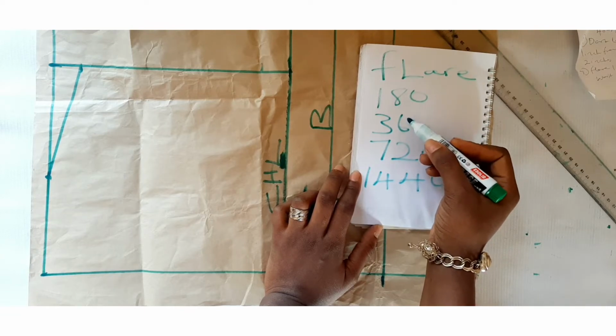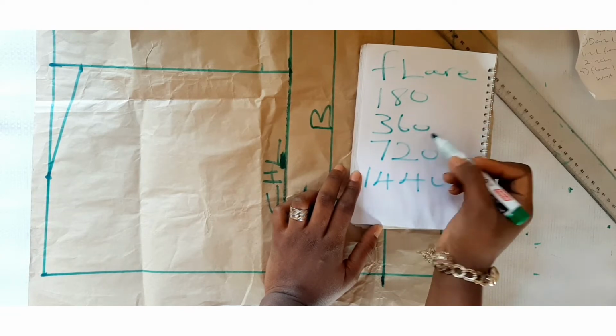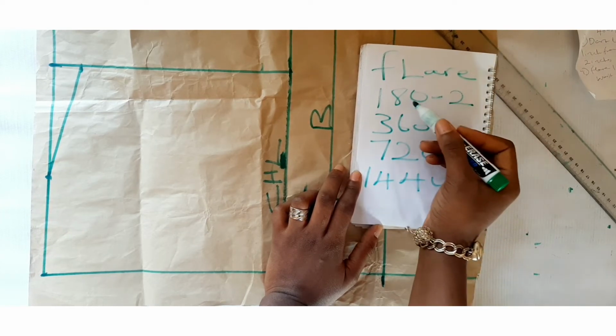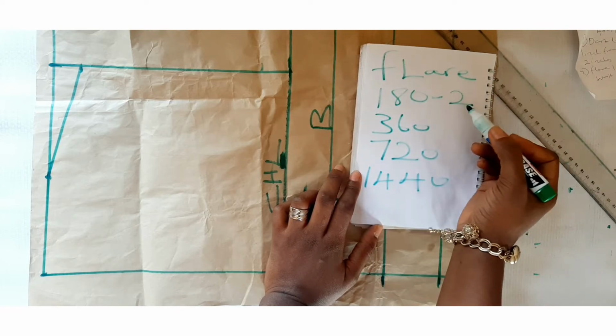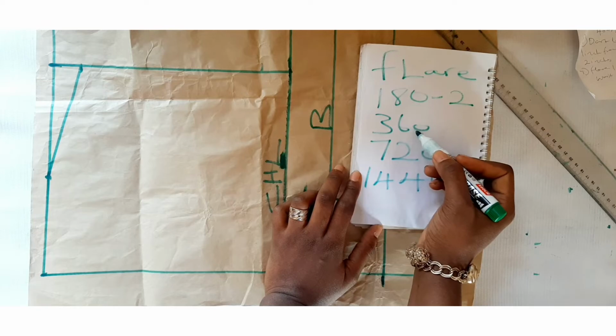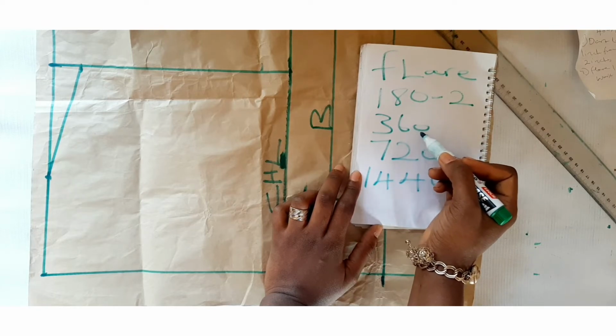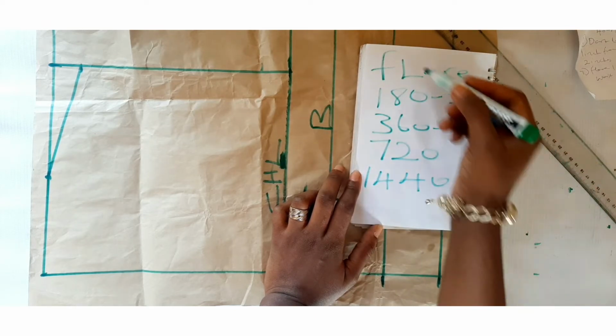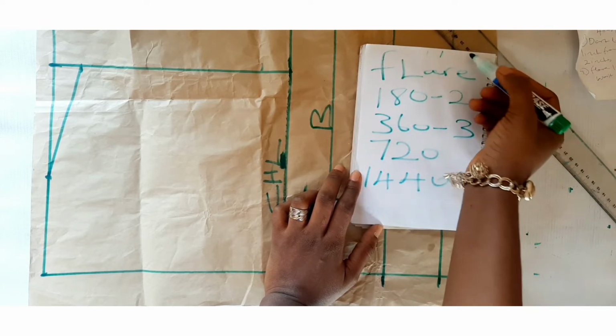That is 180 plus 180 will give you this. If you cut 1 of this, it will give you 180. If you cut your flare 2, it will give you 360.